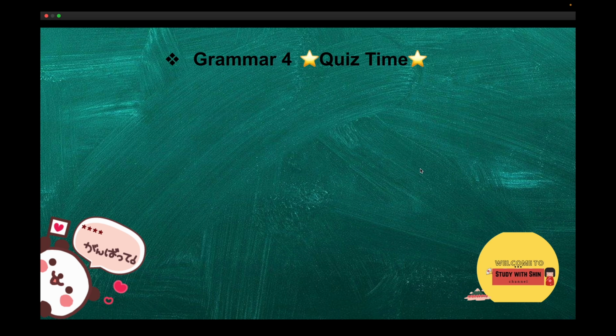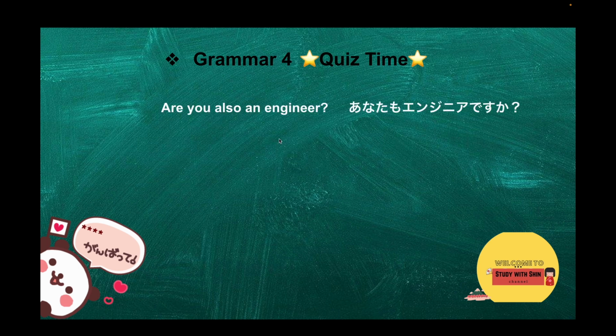Now, quiz time. Let's take a look at what we learned and try to say that in Japanese, okay? 皆さん頑張ってください. So, are you also an engineer? Which means, あなたもエンジニアですか? We already learned how to say you, which is あなた.